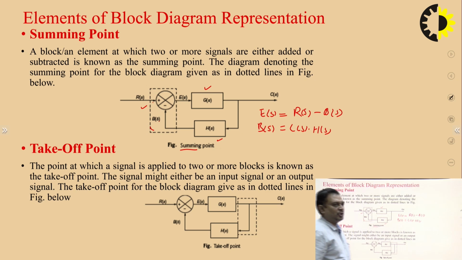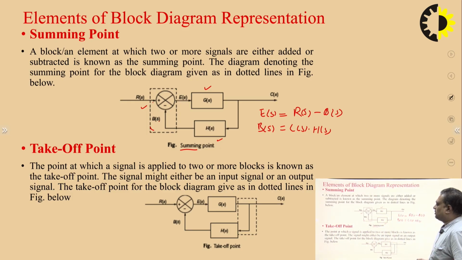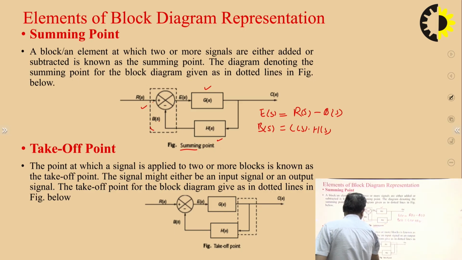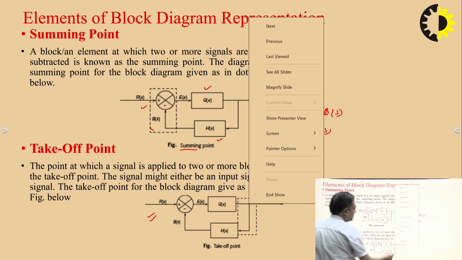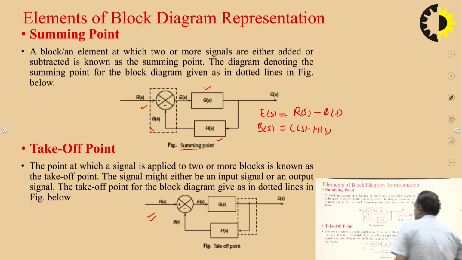Another important point that we have to consider in block diagram reduction is the takeoff point. Again the same diagram is here. You can see this point is the takeoff point. From this point there are two branches connected.